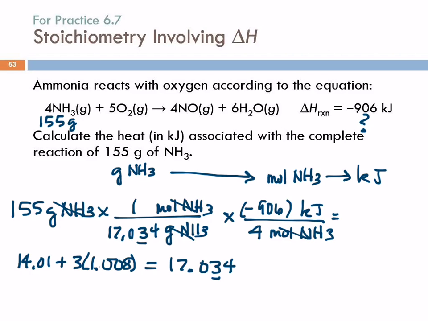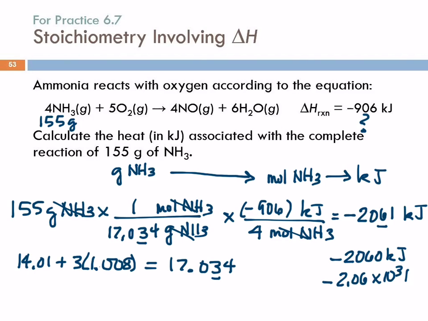So this is going to be negative, of course, 2061. We've got 3 sig figs here, so this is going to be 3 sig figs in kilojoules. So you could express this as minus 2060 kilojoules, but better would be minus 2.06 times 10 to the third kilojoules.